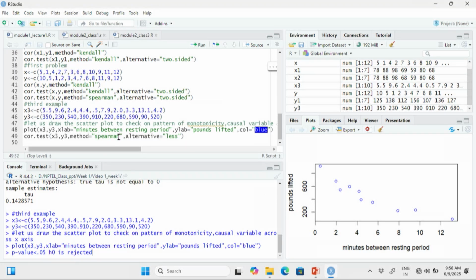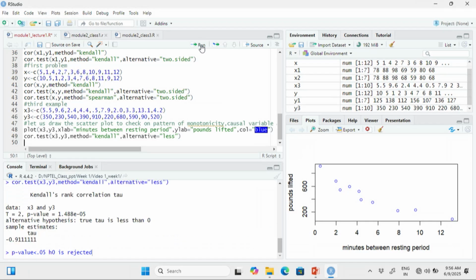Now, let us have that correlation method. We are going to use Kendall's tau, Kendall's, and make the round. For the alternative, take care to write it correctly, because we have checked that the alternative is tau less than 0. So, run. Have you checked? The tau is minus 0.911, which is quite strong, a strong negative association, and look at the p value.